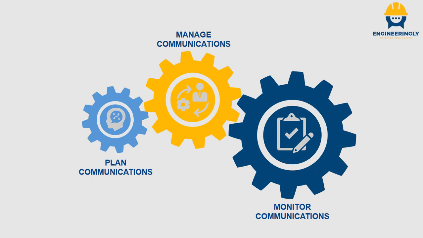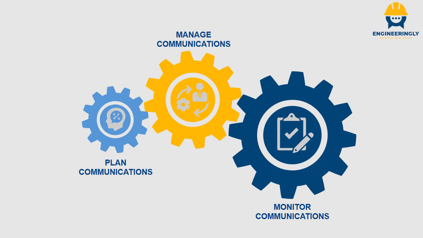The next process is manage communications. In this process, the project is under execution, and you as a project manager, or anyone responsible for project communications management, are sending the weekly, bi-weekly, monthly, or maybe quarterly reports to the stakeholders. At the same time, you might receive different types of reports as well.